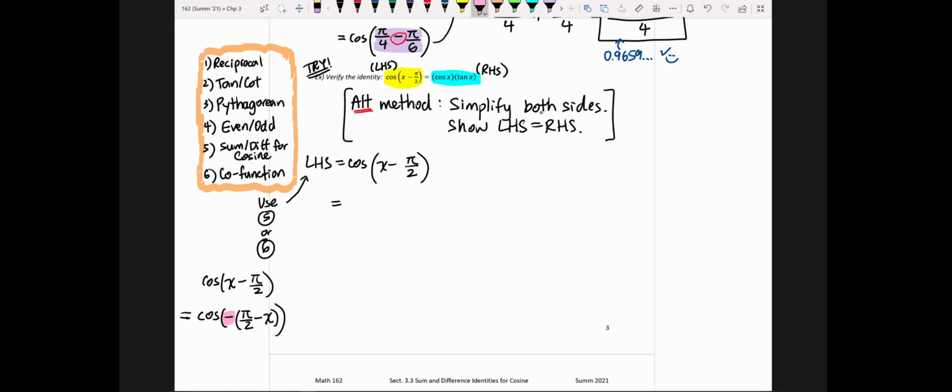So x minus pi over 2 is the opposite of pi over 2 minus x.